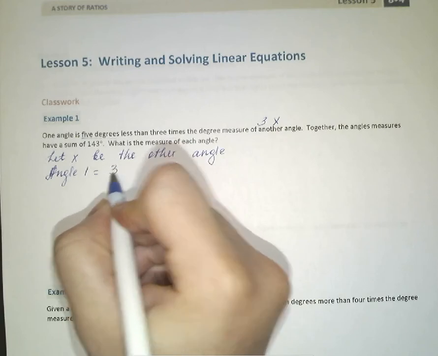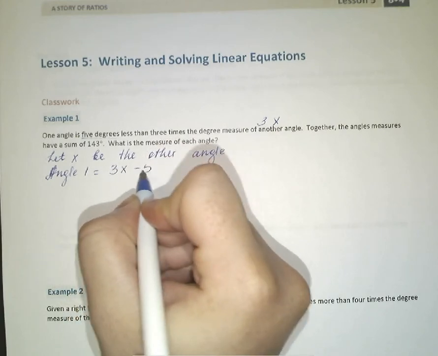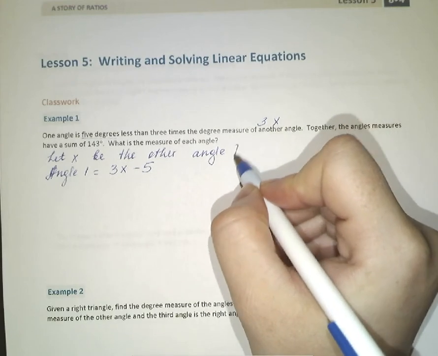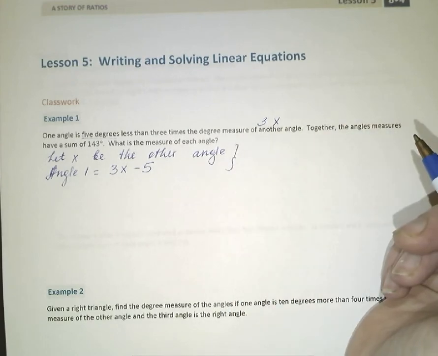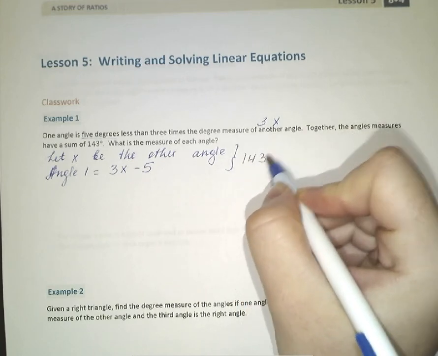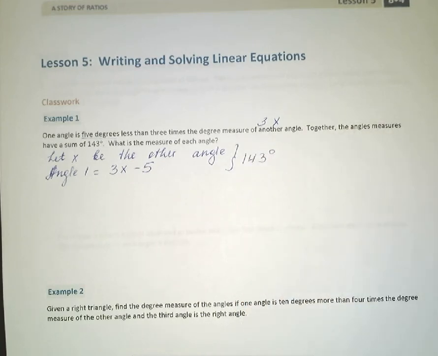So it will be 3x minus 5. We know that combined together, they will measure 143 degrees. And we need to find the degree measure of each of these angles.